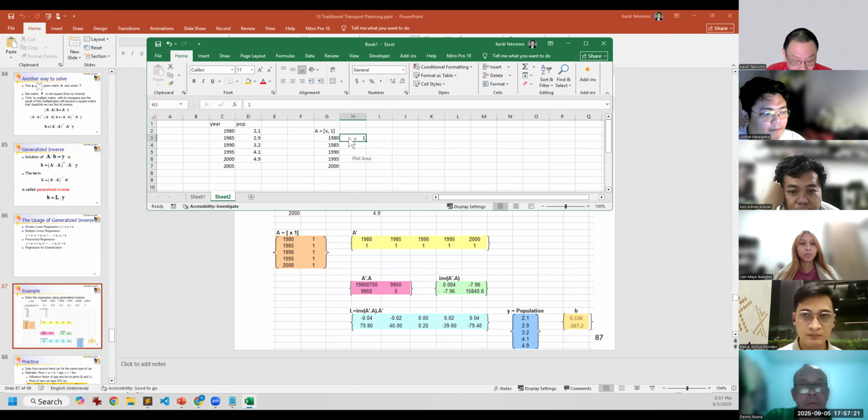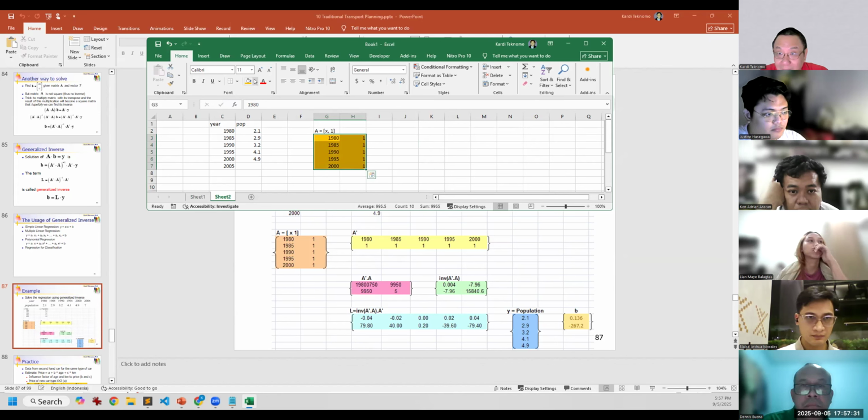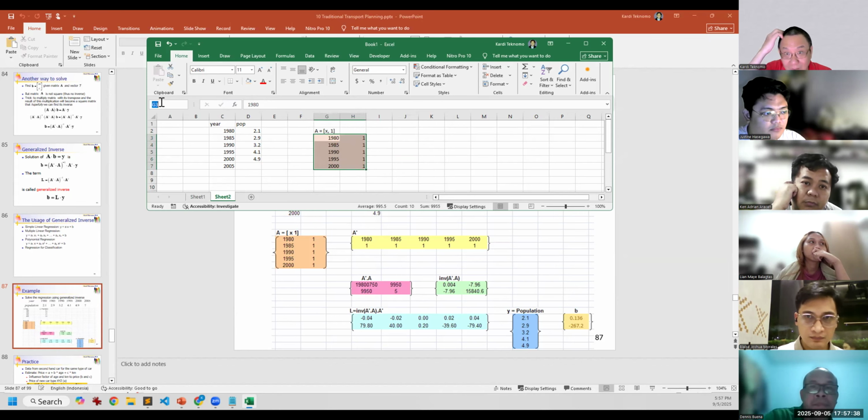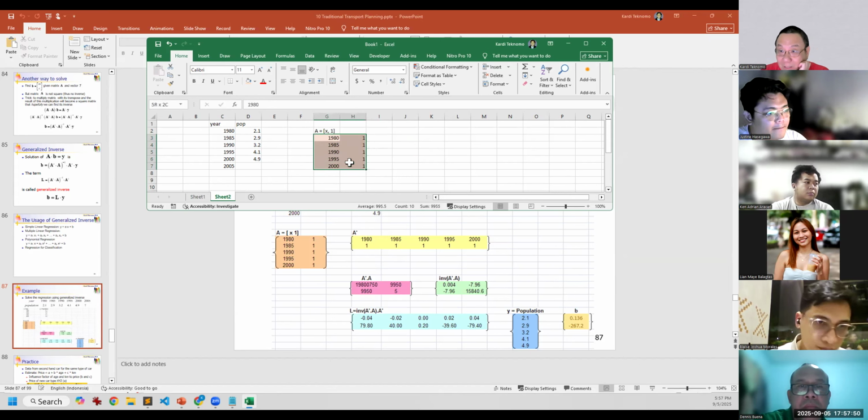Just type 1 and then copy. This one is A. Let's color it the same. Let's name this matrix A, or MA, so it's easy to show. Can you see? You go to the name box and then keep the name.